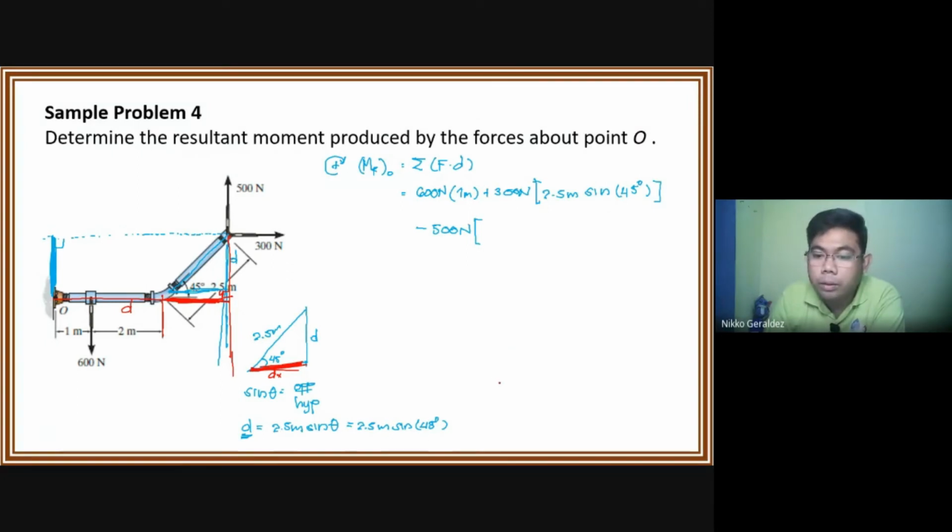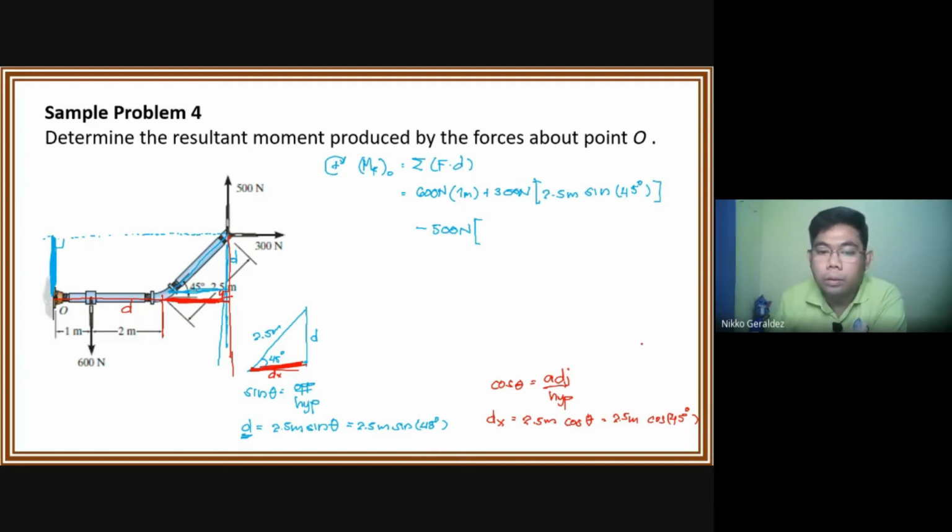Cosine theta is equal to adjacent over hypotenuse. So, solving for dx, dx is equal to hypotenuse 2.5 meters times cosine theta, or 2.5 meter times cosine 45 degrees.